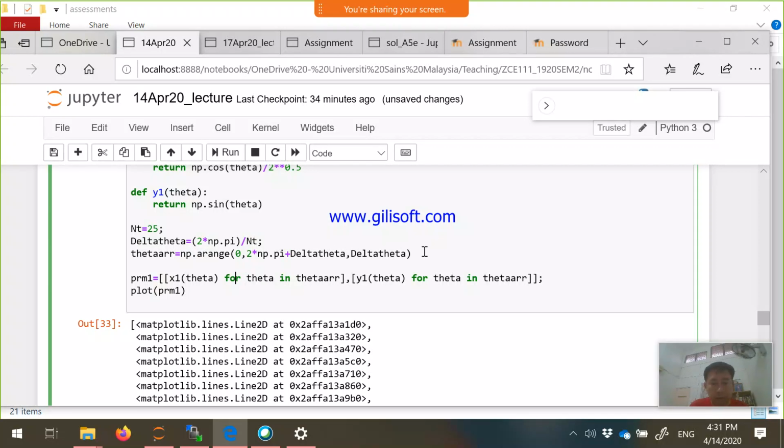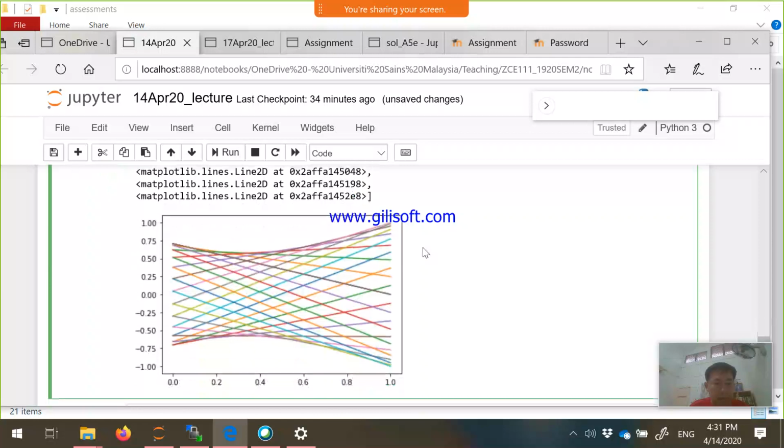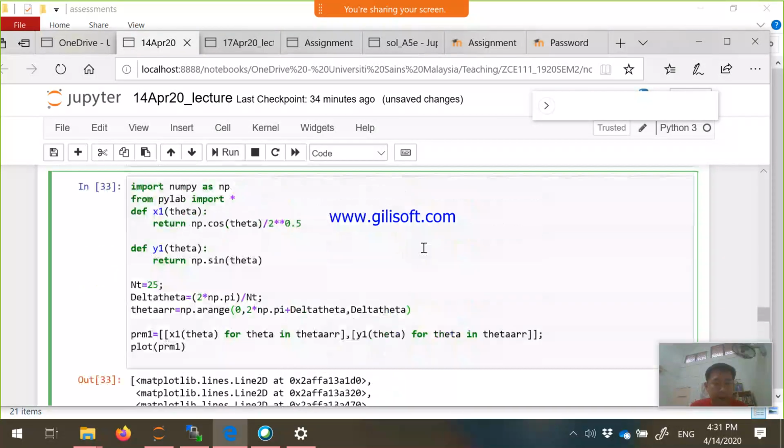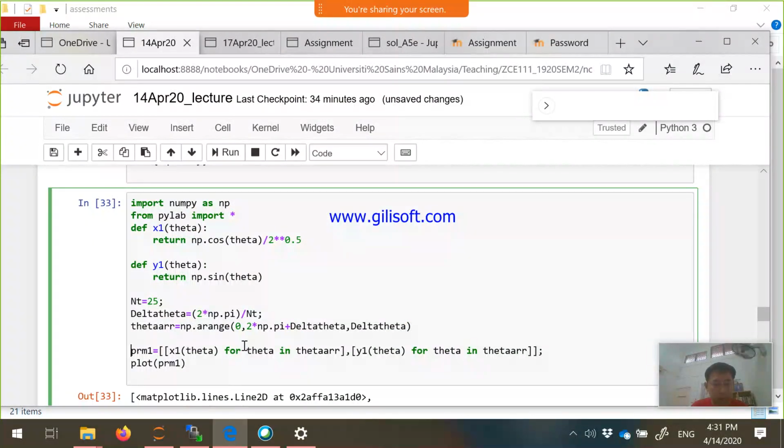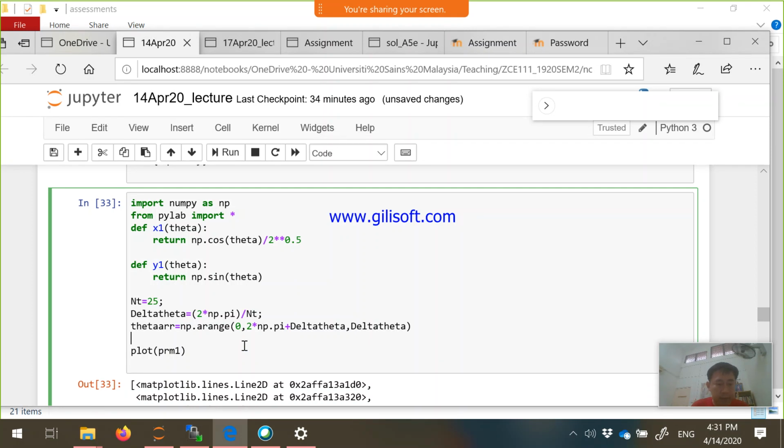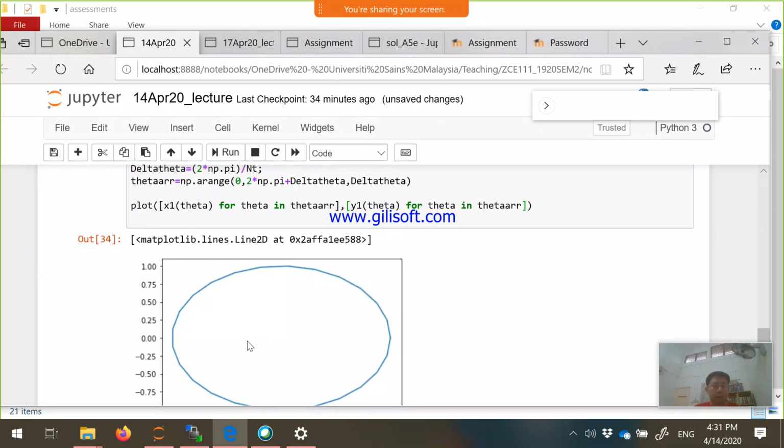It looks like this is just not what I expect. So maybe this is not correct. So let me try this again. So this is x coordinate and y coordinate. Maybe I just put it like that. Yeah, so this is correct.